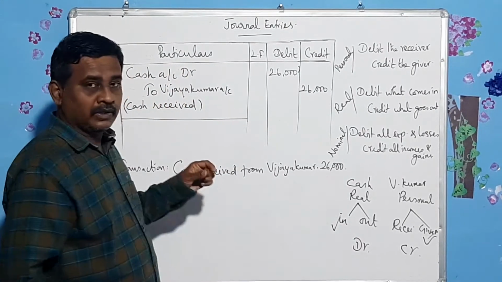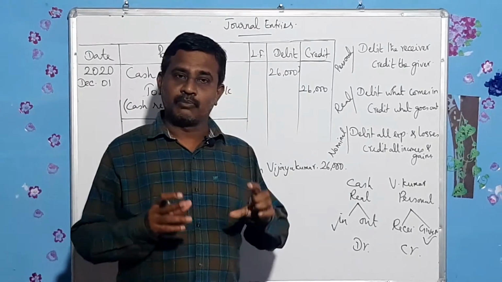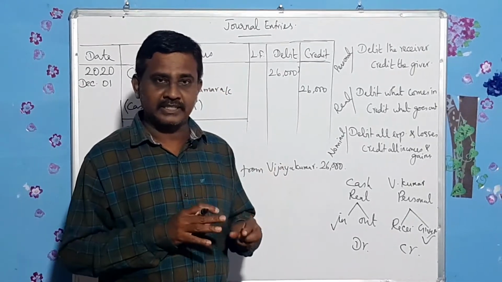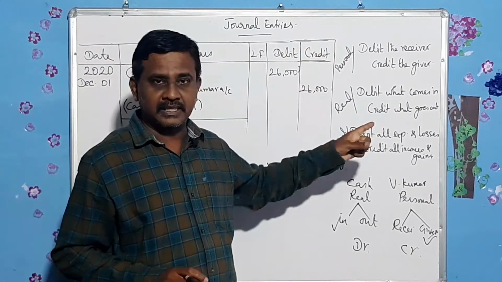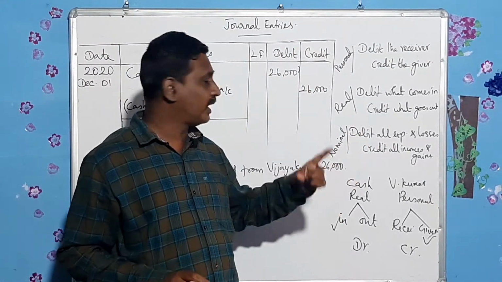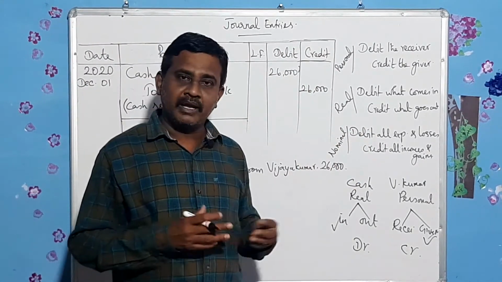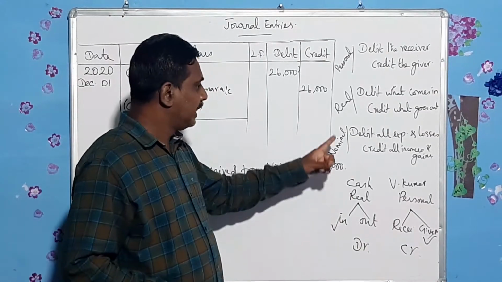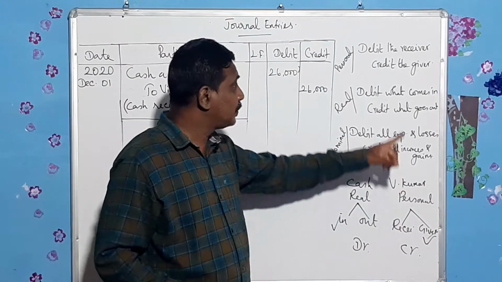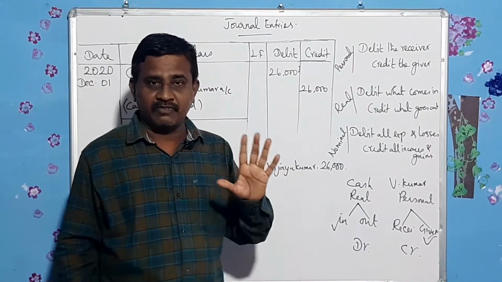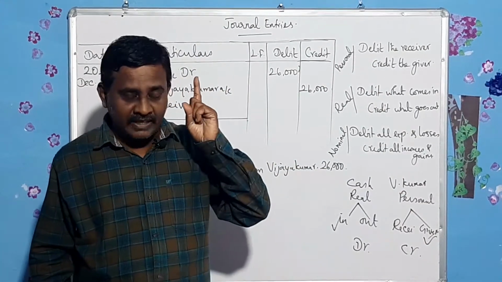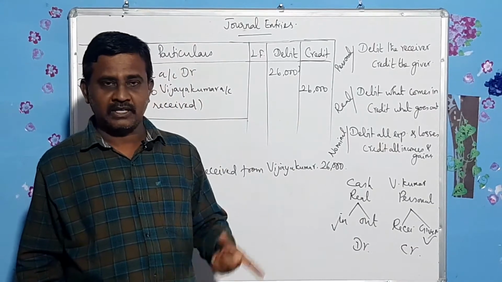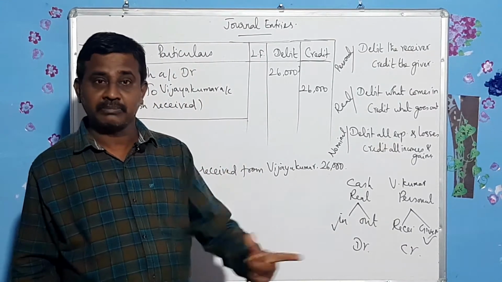Again I tell you, there is no need that both accounts involved in a transaction should belong to only personal account or only real account or only nominal account. They belong to different accounts. In this transaction, one belongs to real account and another one belongs to personal account. If a person is involved, he will be either giver to the business or receiver from the business.